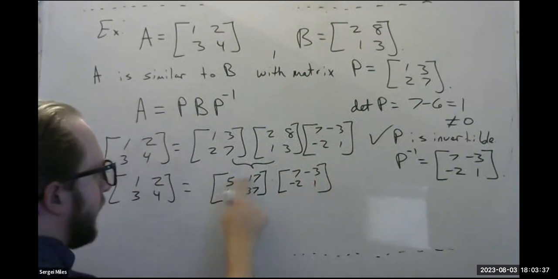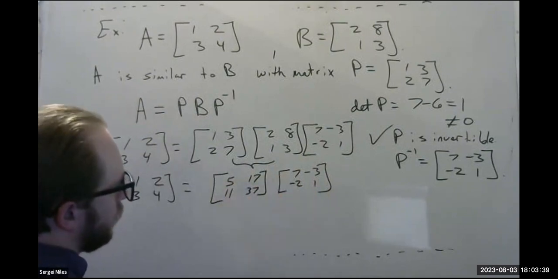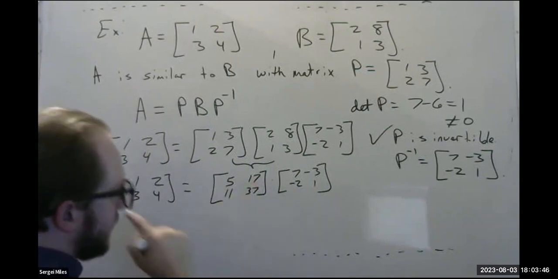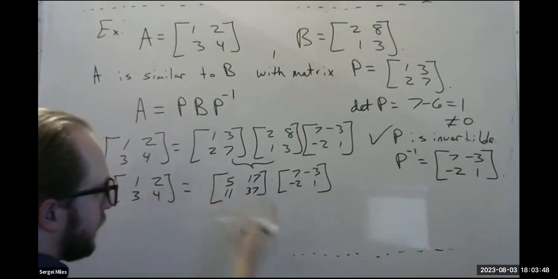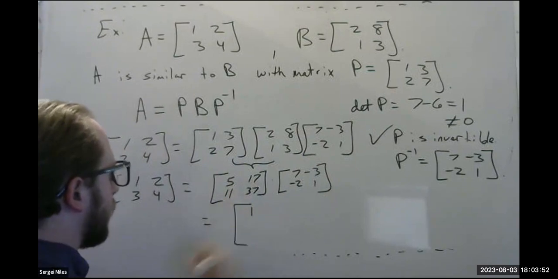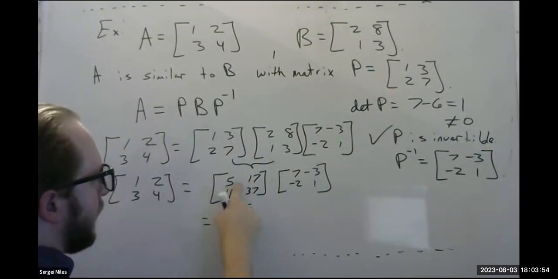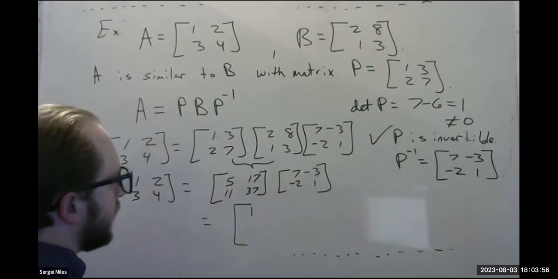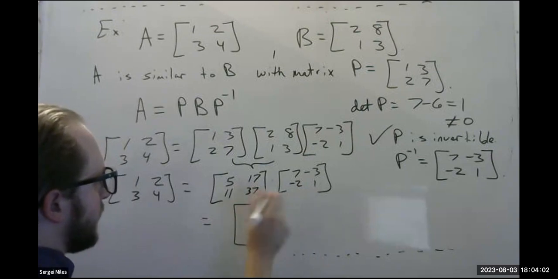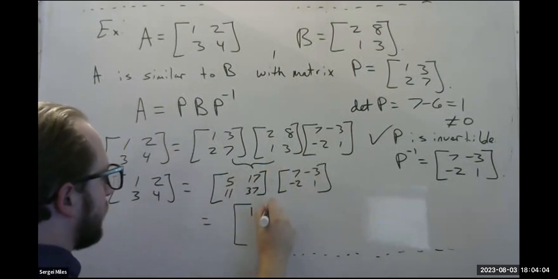All right. Well, 5 times 7 will result in 35. Minus 2 times 17 is going to be 34. 35 minus 34 is 1. Okay, so far so good. 5 times negative 3 is a negative 15. Plus 17 times 1 is 17. 17 minus 15, we get 2.